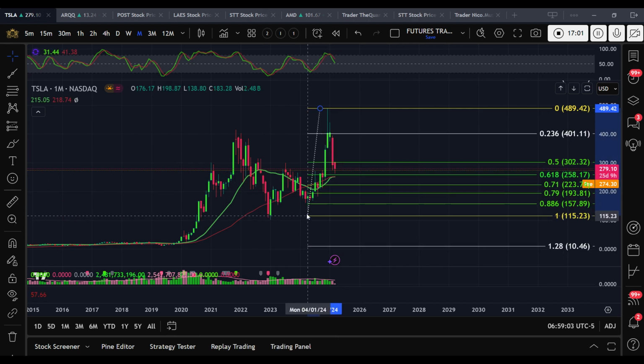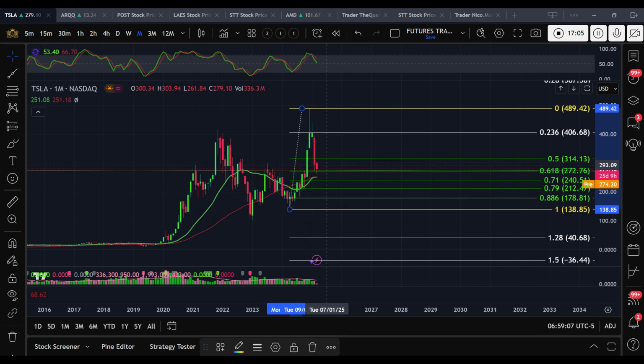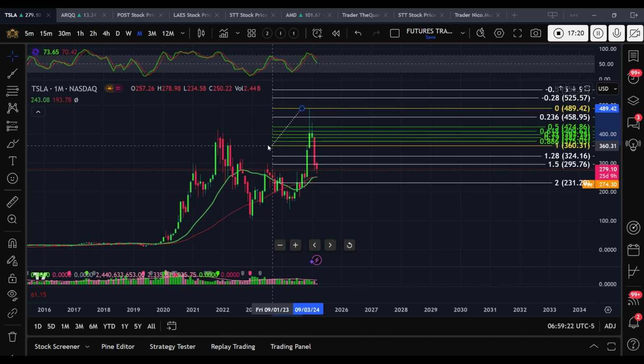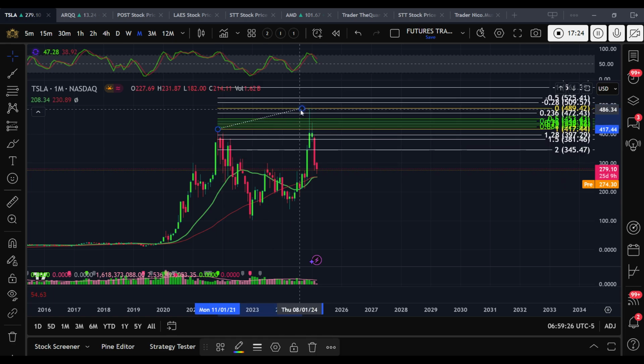Actually going to move this fib. We've taken out our 0.5. So I'm just making some observations and trying to draw some conclusions about what price action is telling me is the next move on this chart. So I'm going to flip my fib.